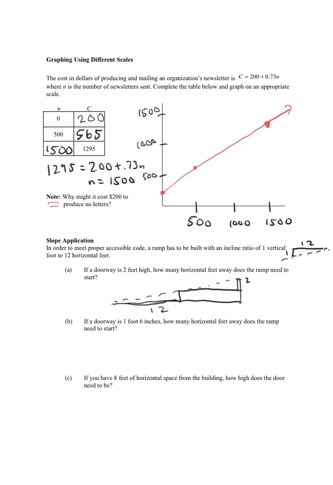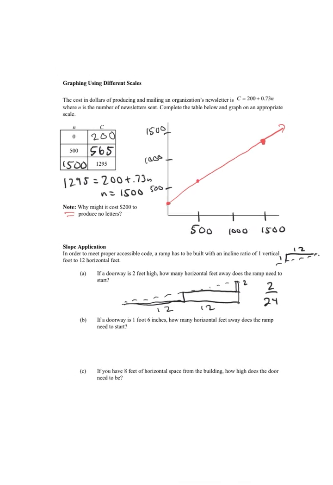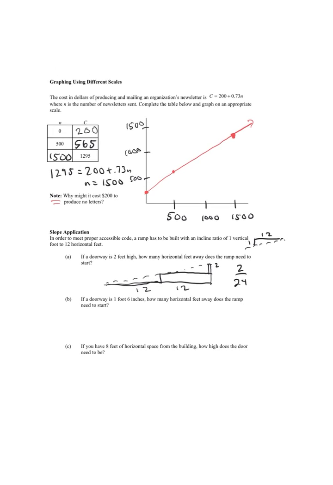So we're looking at 12 and 12. That would be a ratio of 2 to 24, right? And you could figure that out not just on a graph, but with a proportion: 1/12 equals 2 over x. If you solve that for x, you get x equals 24.